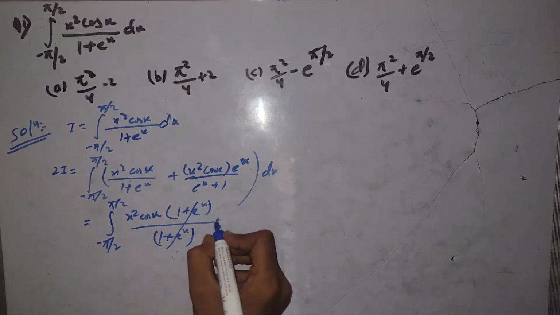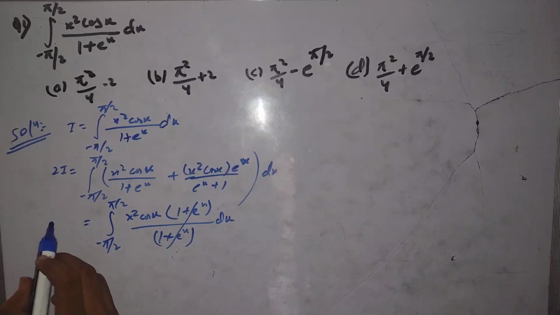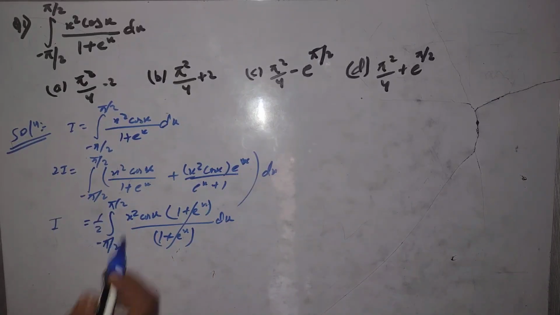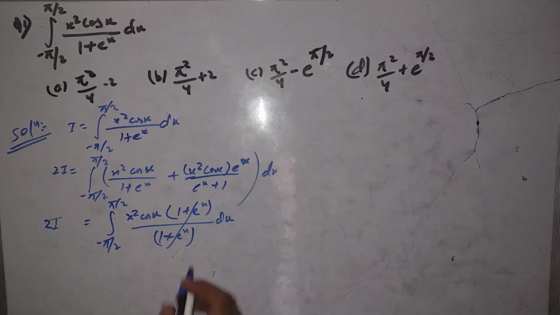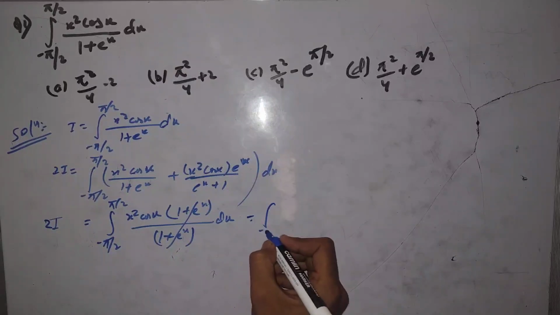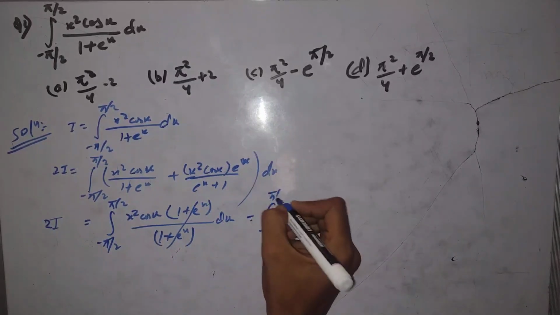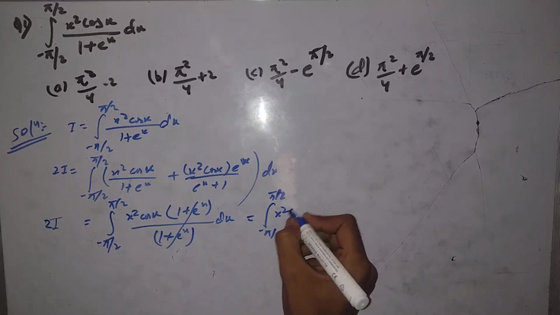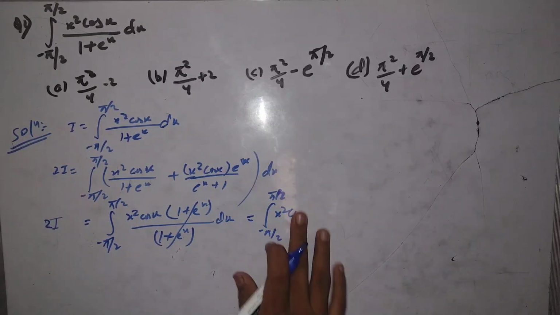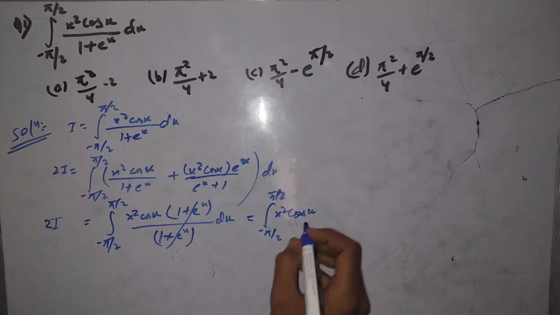Okay, and this cancels here, this is dx, and this is 2I, so I can write I equals 1 by 2 of this. Or let me keep it as 2I for simplicity. Now we are left with the integral from minus pi by 2 to pi by 2 of x square cos x.